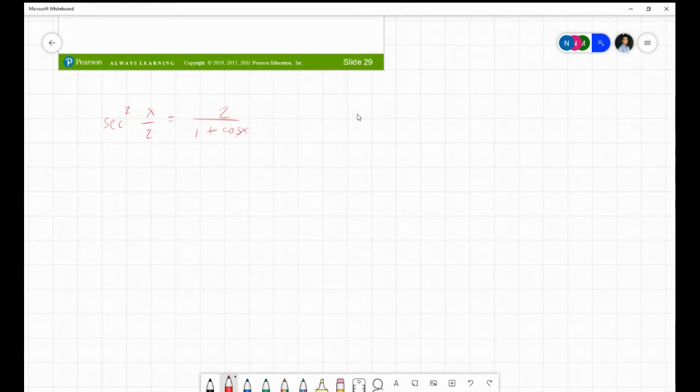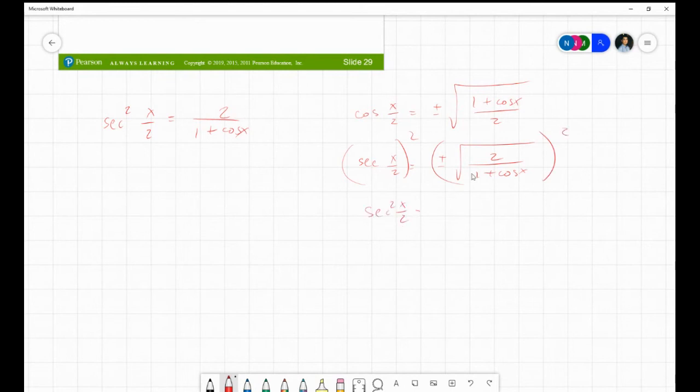So you know that cosine x over 2 is equal to plus or minus the square root of 1 plus cosine x over 2. Well, I told you to take the reciprocal of it, so secant of x over 2 is plus or minus the square root of 2 over 1 plus cosine x, right? If you square both sides, then you get secant squared x over 2. The square root goes away. So 1 plus cosine x. So that's the other side. Right? Okay, I see it now. Thank you.